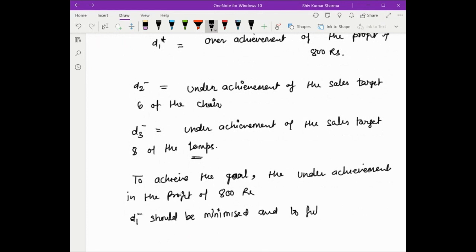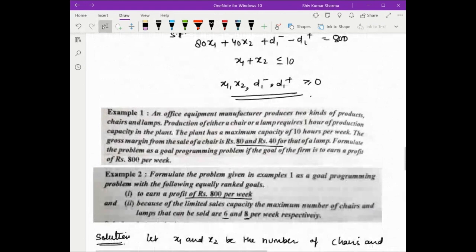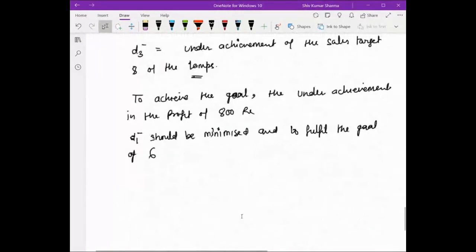And to fulfill the goal of 6 chairs, that means produce per week 6 chairs and 8, this is for sale, sold 6 chairs and 8 lamps per week.